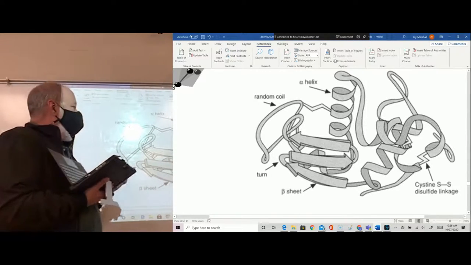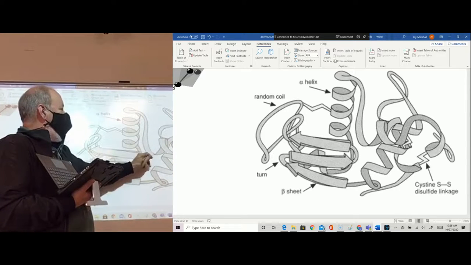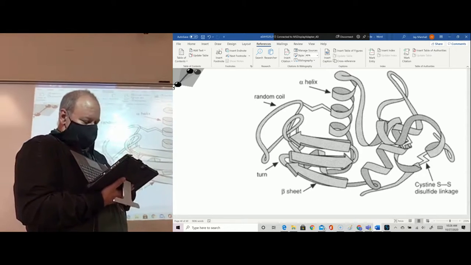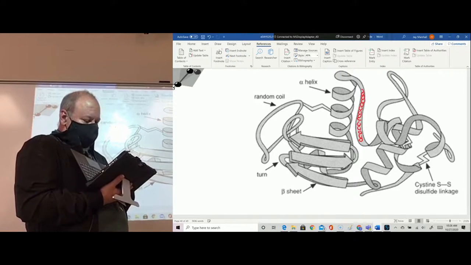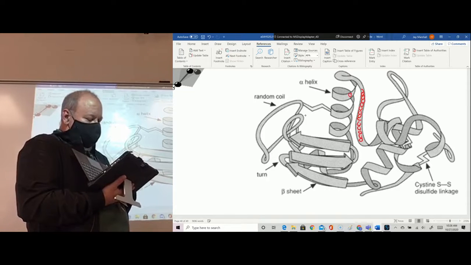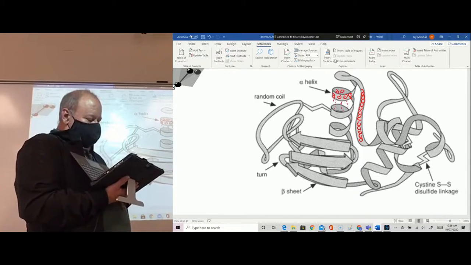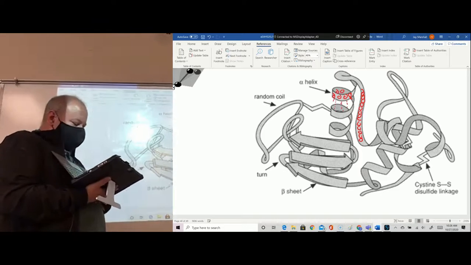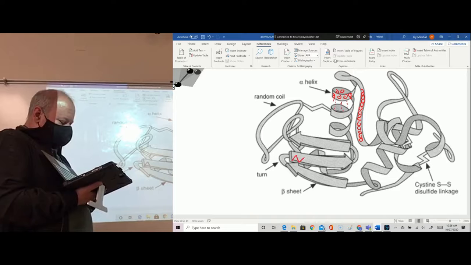Okay? So I might have a linear chain of amino acids. So this is just going to be the amino acids in a chain here. But then I've got an alpha helix here because I've got forces of attraction that are pulling the chain into that. And then I've also got these pleated sheets here.